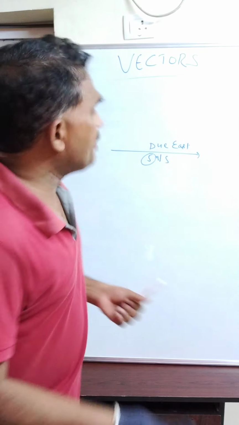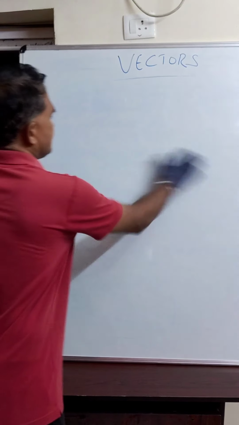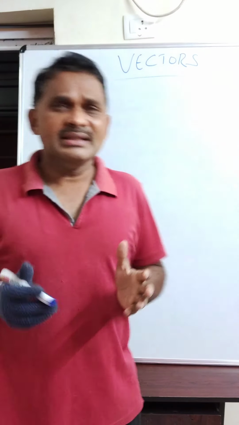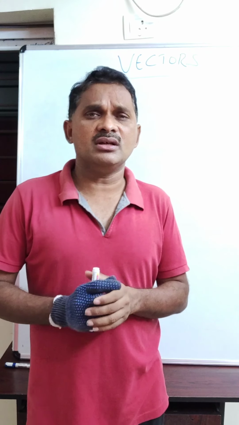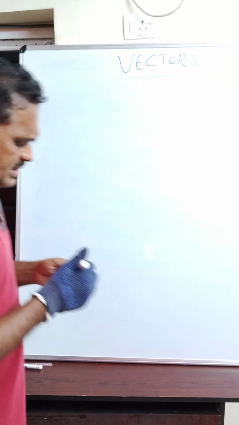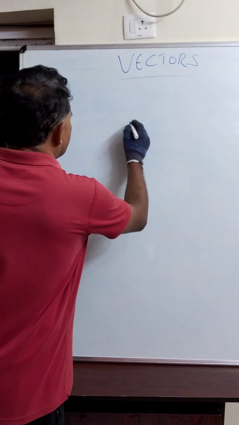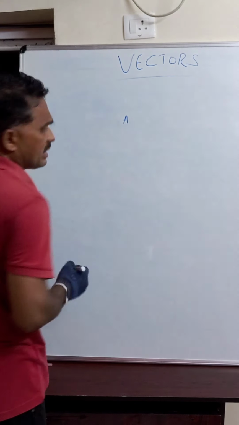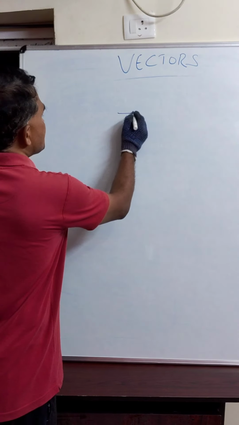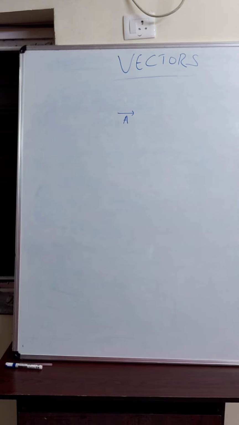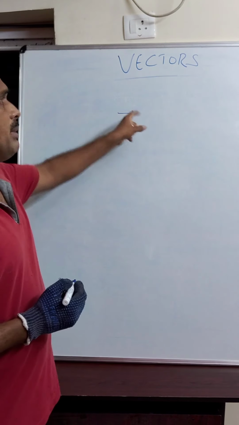Now, how do we represent these vectors? There are two ways: vectors represented with alphabets, and vectors represented graphically with arrows. In the first case, alphabetically, if A is a vector, we put an arrow mark on the alphabet, A bar.